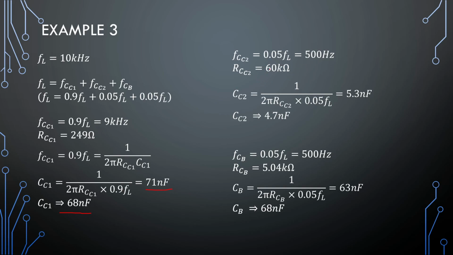CC2, with 60 kilo ohms, gives us 5.3 nanofarads, or the closest is 4.7 nanos. And for 5 kilo ohms, we get 63 nanofarads, and the closest is 68 nanofarads for our base capacitance.